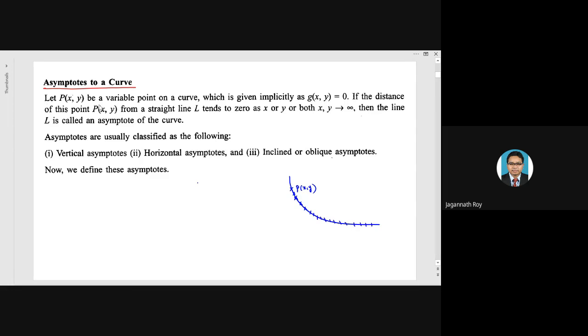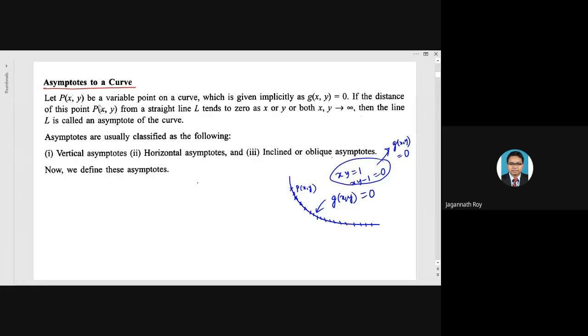And the curve is actually given as g of xy equals 0. You can write it, for example, x squared plus y squared, or like we have seen, xy equals 1, or you can write xy minus 1 equals 0. So this is the form of g of xy.